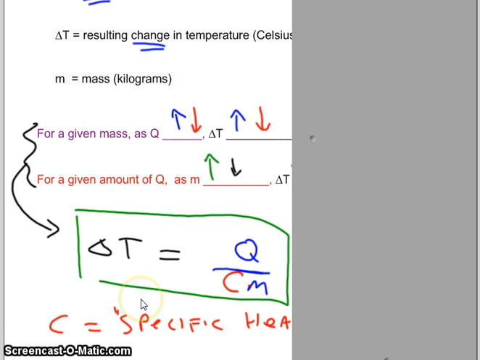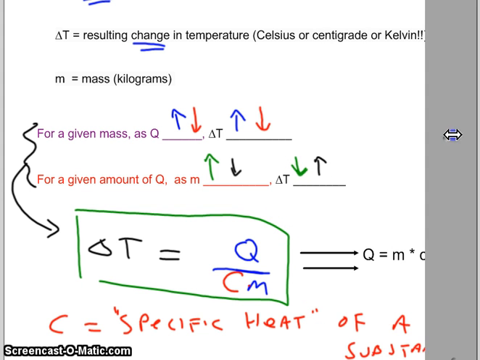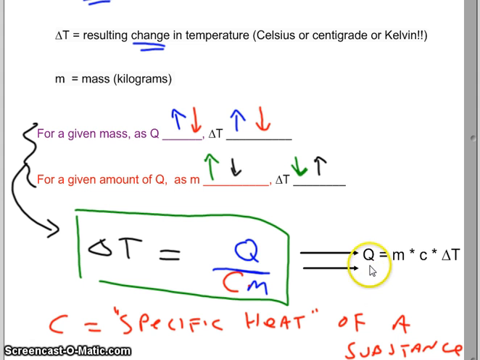So that should be the latest version of the equation that you have. But if you look at today's notes, you'll see that this has been rearranged. It's just an algebraic rearrangement. If we multiply both sides by C and M, we will get this equation right here. Q is equal to mc delta T.